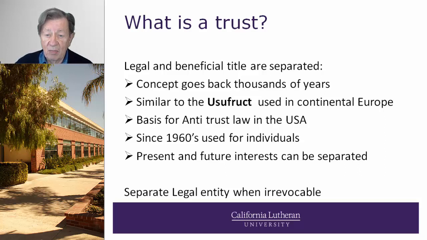And I would say the biggest advantage to it is that present and future interests can be separated, as well as legal and beneficial title. And these, I might note, as at the bottom there it says, it becomes a legal entity when it becomes an irrevocable trust, which has a lot of ramifications and is probably going to be the main emphasis of this course.